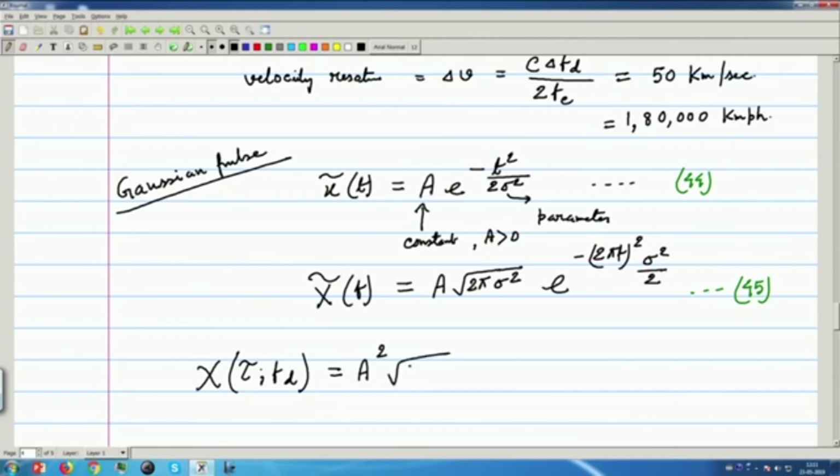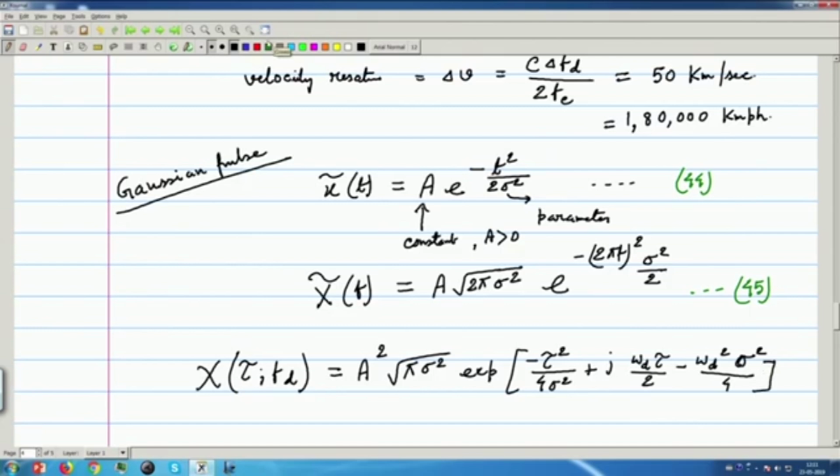So, you can do it yourself, or in tutorials we will see whether we solve this. So, this will be our equation 46.